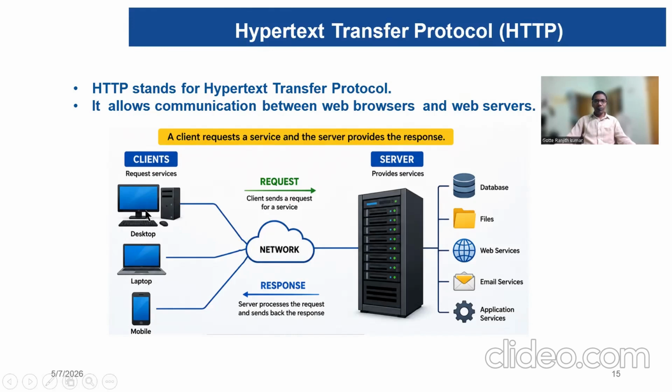But actually that website is not deployed on our system. For example, if you want to open a website that is google.com, then we type google.com on these systems, either desktop, laptop, or mobile. We just open the browser and type google.com.